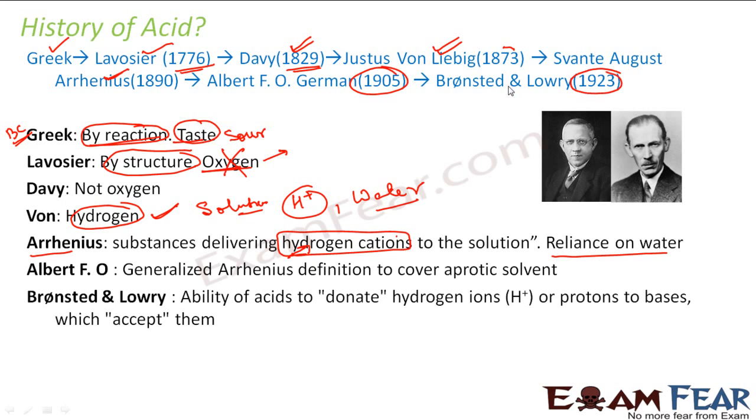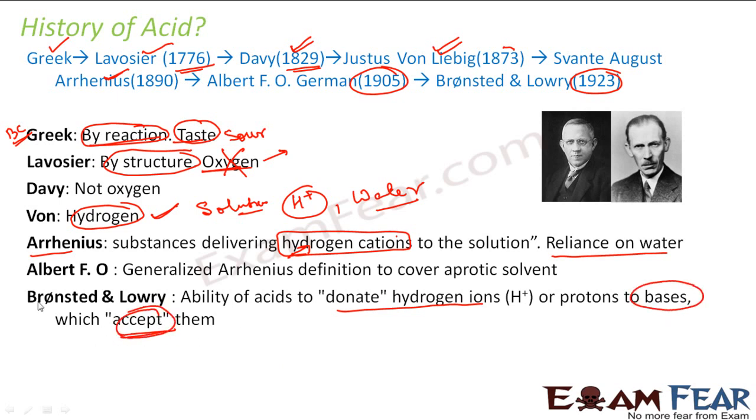He gave a very good definition, and the definition is the ability of an acid to donate hydrogens to a base. That means he defined both acid and base. Acid is something which donates hydrogens, and a base is something which accepts them, right?